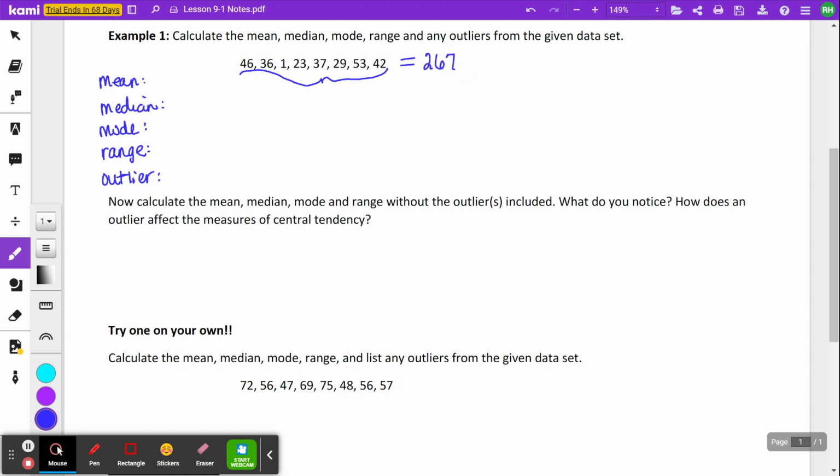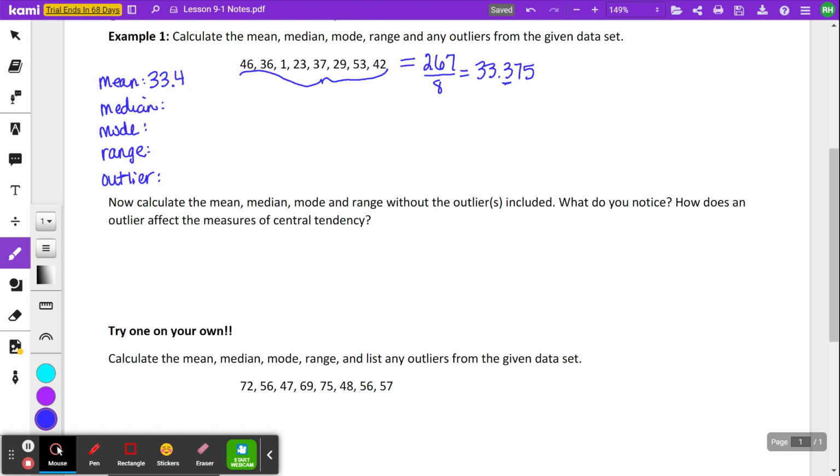Okay, there are 8 values in the set, so we need to take this number and divide it by 8. And hopefully you are getting 33.375 on your calculator. So let's round to the tens place, and we're going to call the mean 33.4.